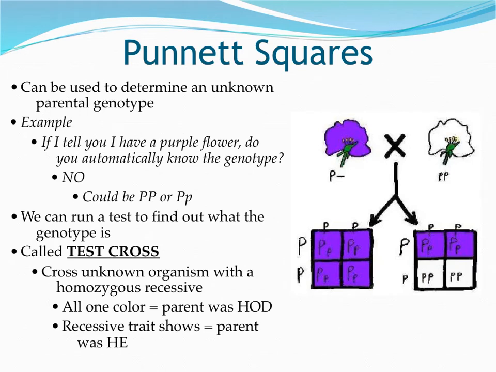So what if we have a dominant phenotype, but you don't know what the genotype is? You can do something called a test cross, which would allow you to figure out whether it was homozygous dominant or heterozygous, displaying the dominant trait.